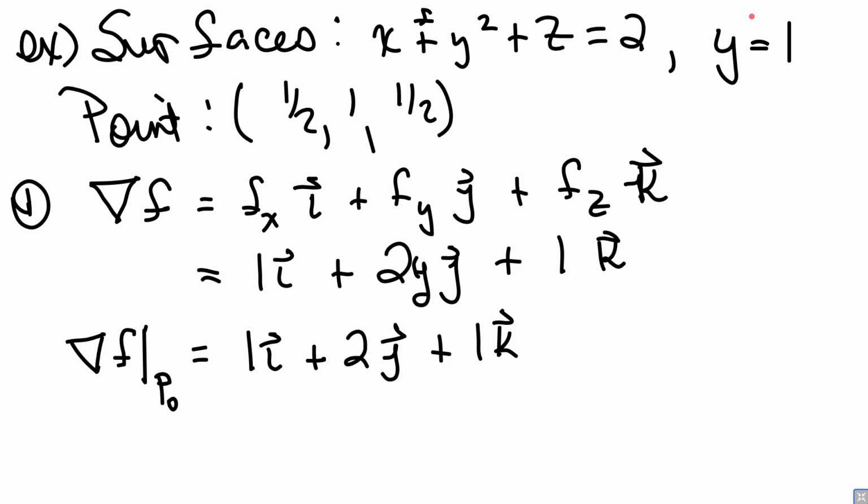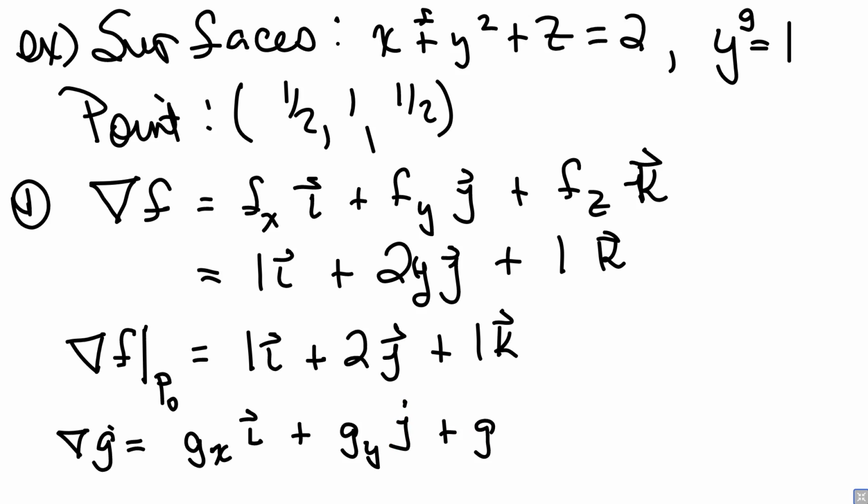All right, now the second function is going to be considered g. So what we're going to do next is find the gradient of g. That's going to be the partial with respect to x in the i plus the partial with respect to y in the j plus the partial with respect to z in the k.